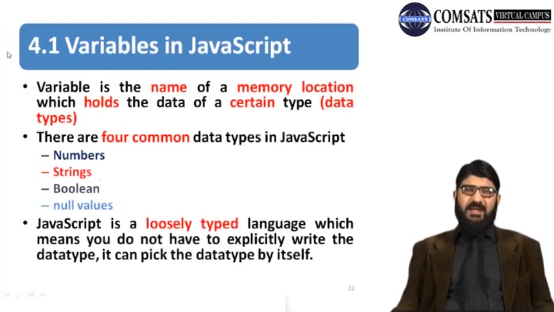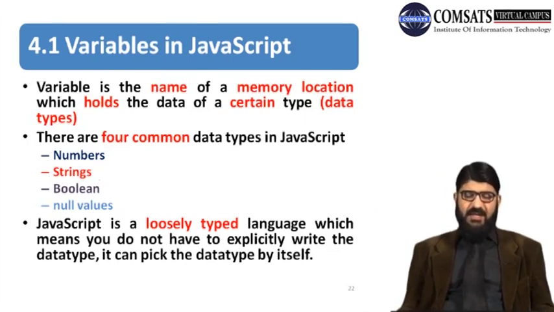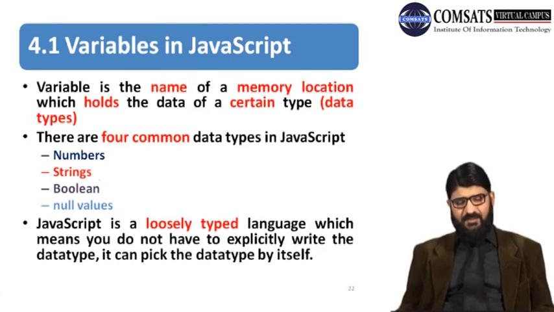Now see what variables are in JavaScript. A variable is basically a name given to a memory location on your computer which holds data of a certain type. So basically it is the name of a memory address, and that memory contains a particular type of data.